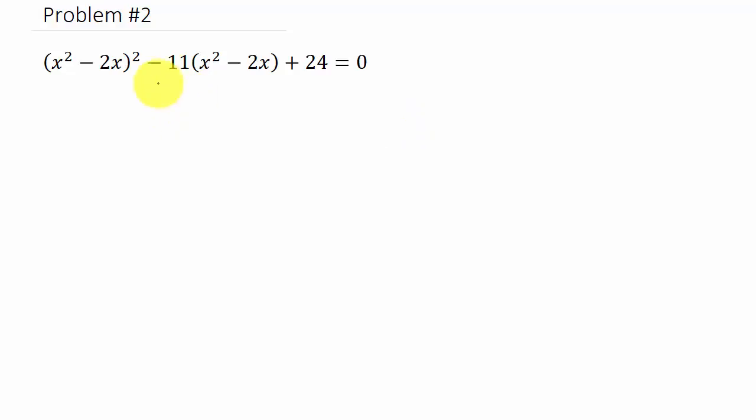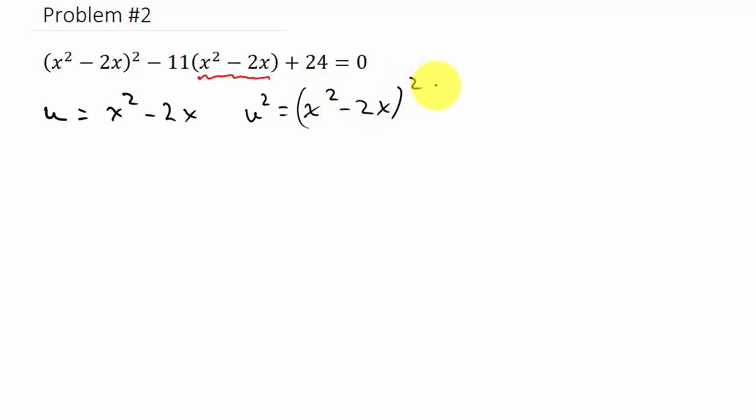Alright, so this one, just like in the last one, I'm going to let u equal this middle term. So u is equal to x squared minus 2x. And then if I square both sides, that's u squared equals x squared minus 2x squared.